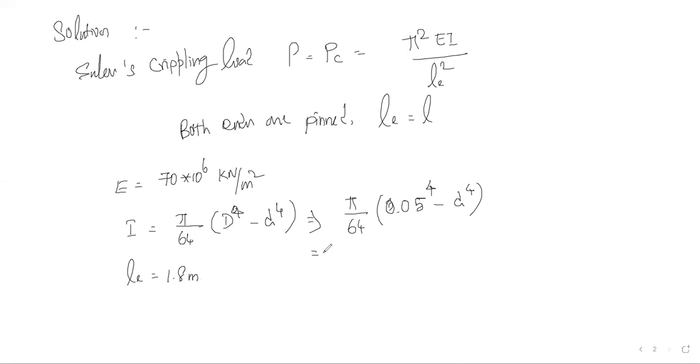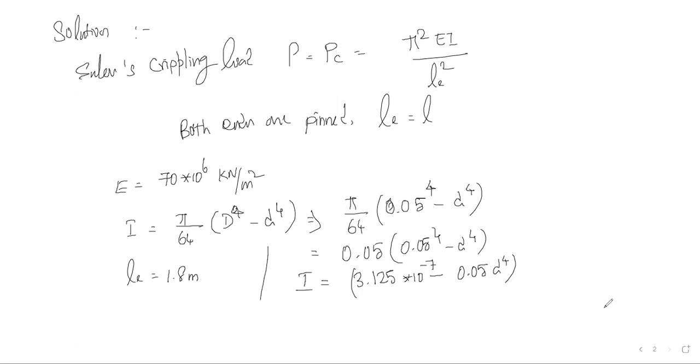If I substitute this, pi by 64 is 0.05, so it comes as 0.05 into 0.05 power 4 minus d power 4. That I am going to write as 0.05 into 0.05 power 4, so 3.125 into 10 to the power minus 7 minus 0.05 d power 4. This is the value of I.